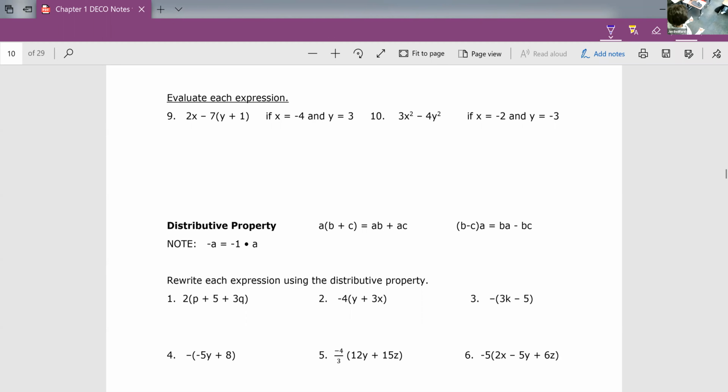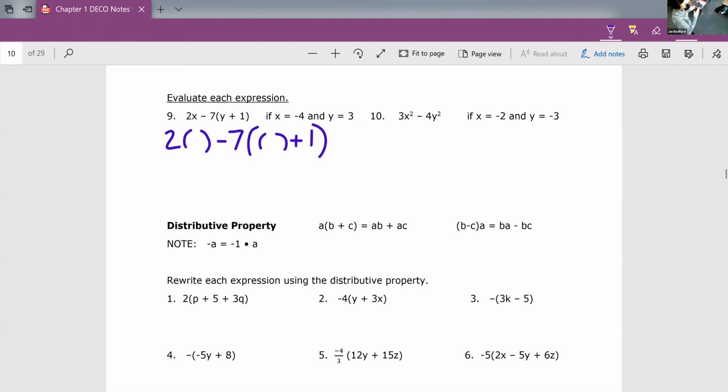So to avoid that mistake, when we're going to be doing a replacement, I always put an open parentheses where the variable was, and then I'll come back and put the number in its place that that variable is supposed to be.